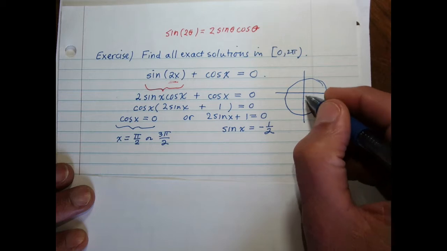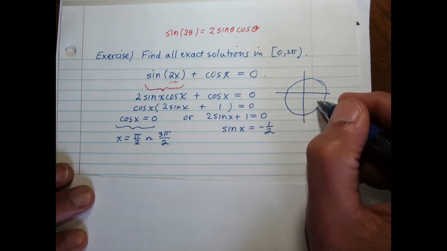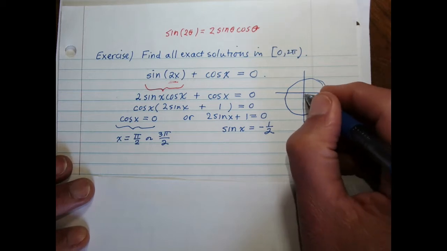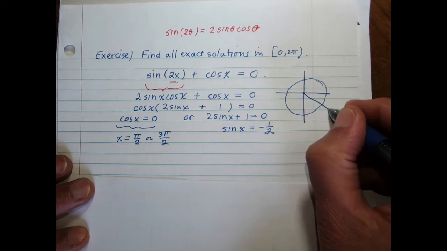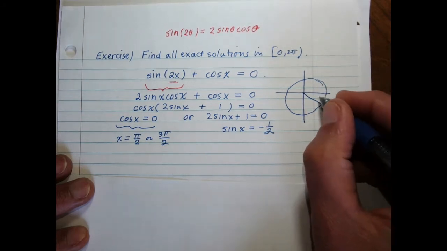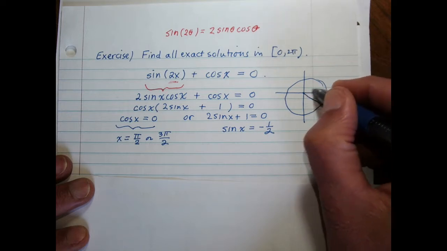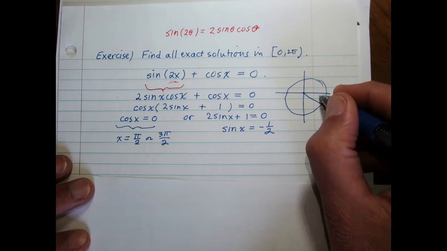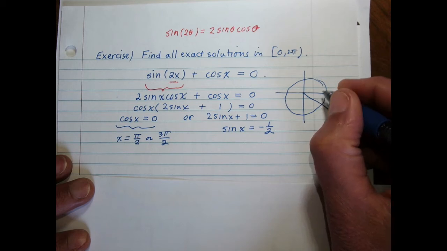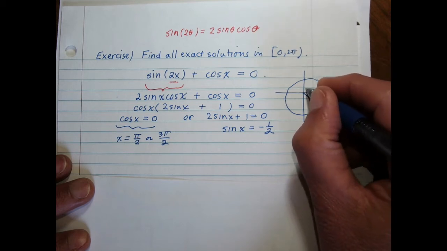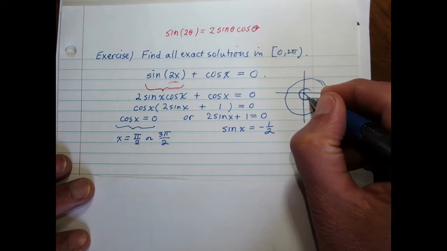So I'm going to have terminal sides below the x-axis. And now I know sine of pi over 6, or 30 degrees, is a half. So this is going to be, I could say negative 30 degrees or negative pi over 6, but we need to get angles between 0 and 2 pi.